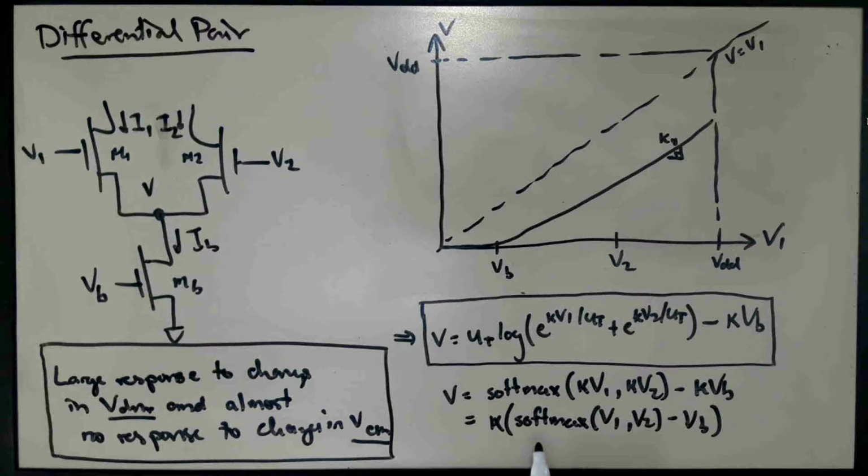So it'll be a constant value that it has. And that's not very good. So this is kappa V2 minus VB.